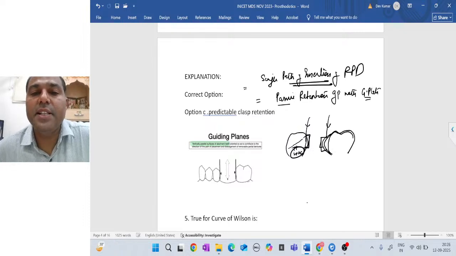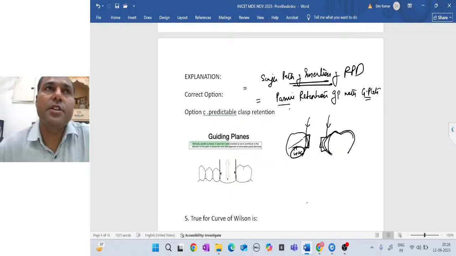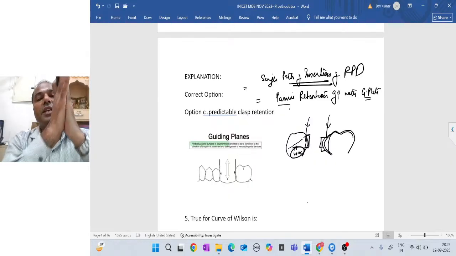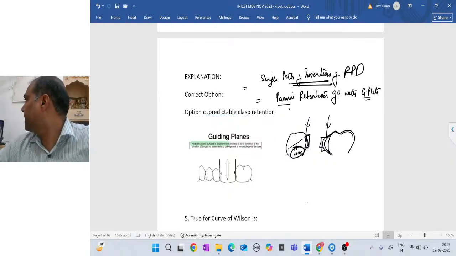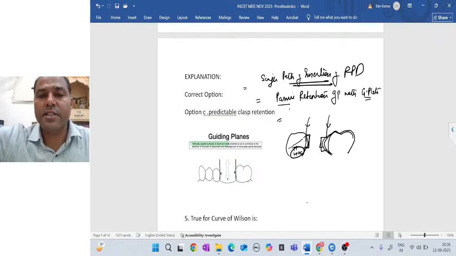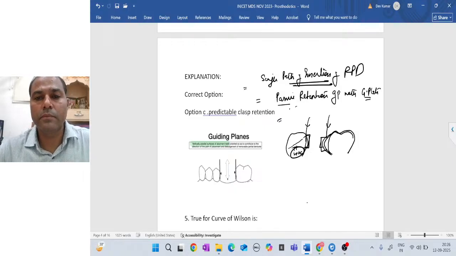So it is basically the resistance to deformation of the metal with the teeth surfaces sliding against each other. Okay, it also provides stability.